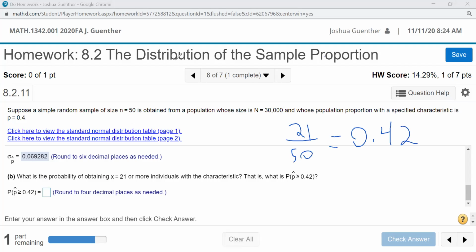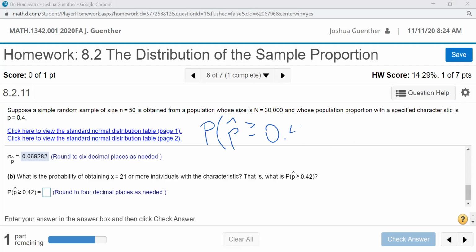And remember, we're measuring a proportion. So we're looking for the probability that p-hat is greater than or equal to 0.42. Well, we need to standardize. We must standardize, meaning we need to compute a z-score.